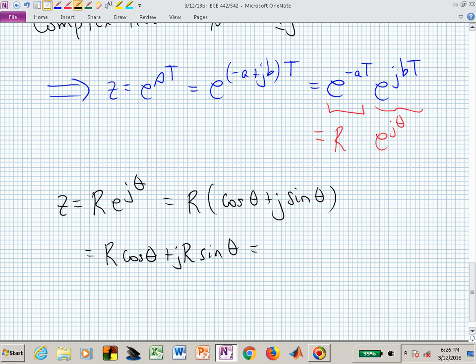And I could say that that's some real part. The polar, now I'm going to write that in rectangular form.